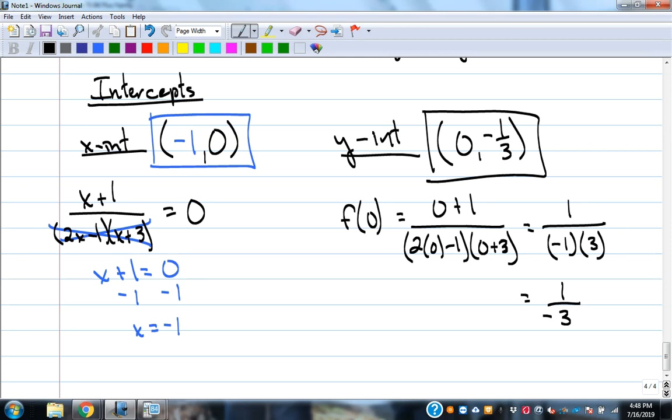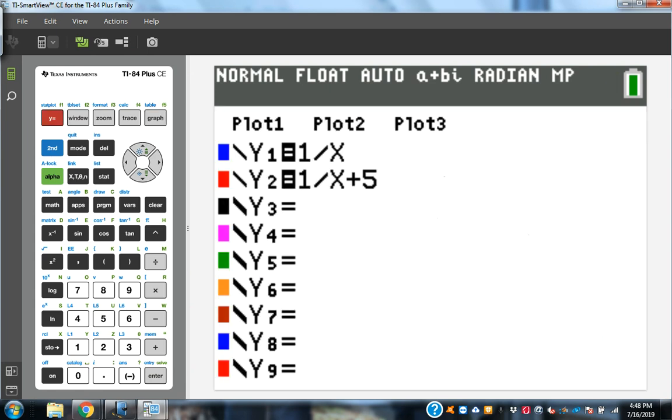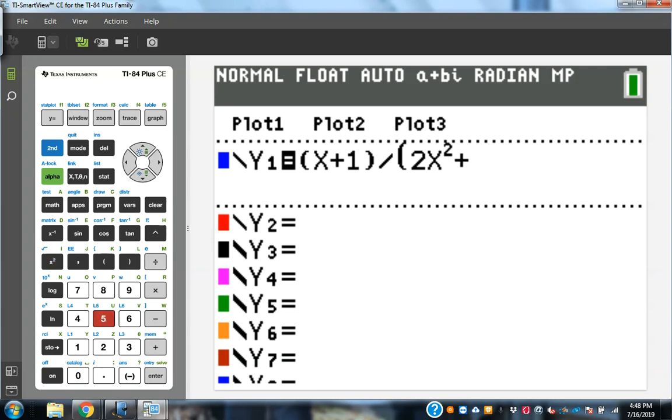It should be crossing the x-axis. So when I go to graph this, I'm going to look at the graph and show you where these pieces are. So go to y equals. I'm going to clear out the others. In parentheses I'm going to put x plus 1, divided by, and then parentheses. Since nothing's simplified, it's quicker to just type in the quadratic 2x squared plus 5x minus 3.